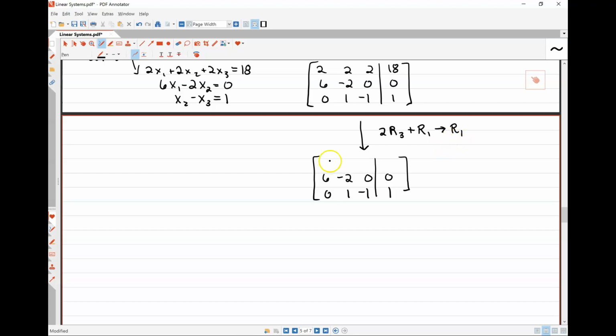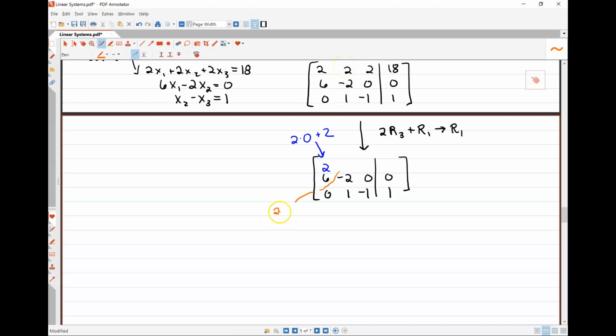The first entry in row 1 is going to come from taking the first entry in row 3 in the previous matrix, multiplying it by 2 and adding it to the row 1 value. There was a 2 over here. So let me make a note of what I'm doing: 2 times 0 plus 2, and that is 2. For the second entry, I'm going to do 2 times the element in row 3 and add it to row 1.